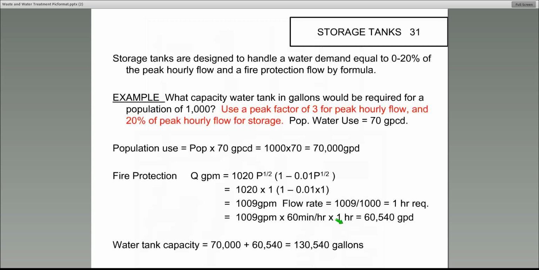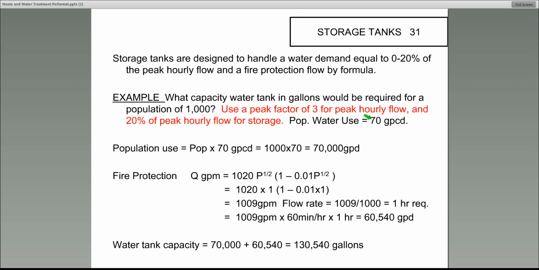Sometimes there's a question on the test dealing with storage tanks. What capacity water tank in gallons would be required for a population of 1,000? Normally, if you don't know what the population water use is, because there may be a lot of industry, this is a small town that doesn't have a lot of industry.